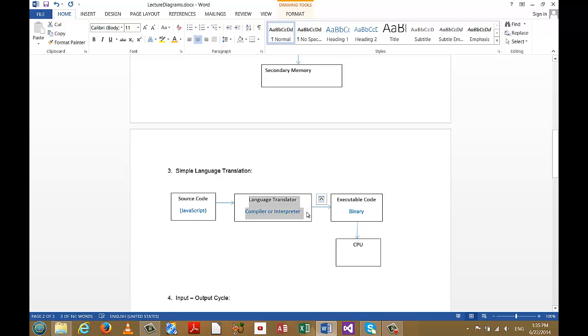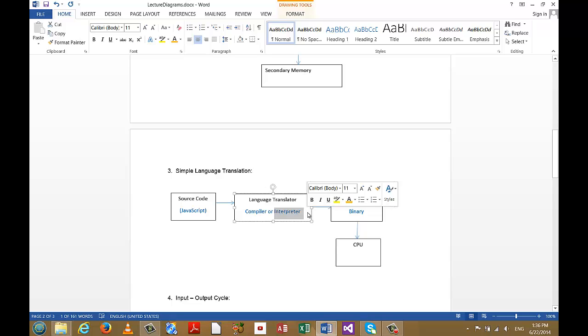And in the context of programming web pages, that language translation is done in the client's browser. So the client's browser contains the language translator, and the variety that it contains is called an interpreter.